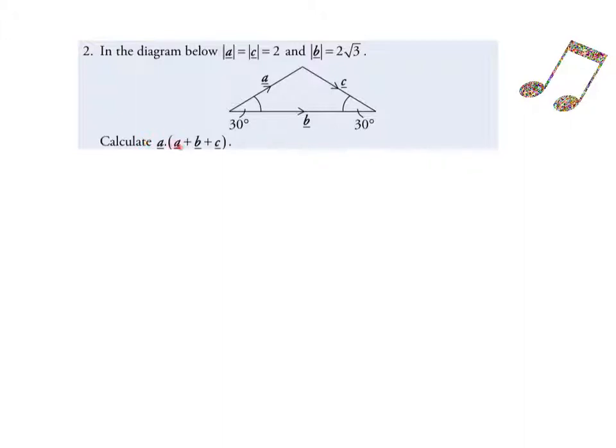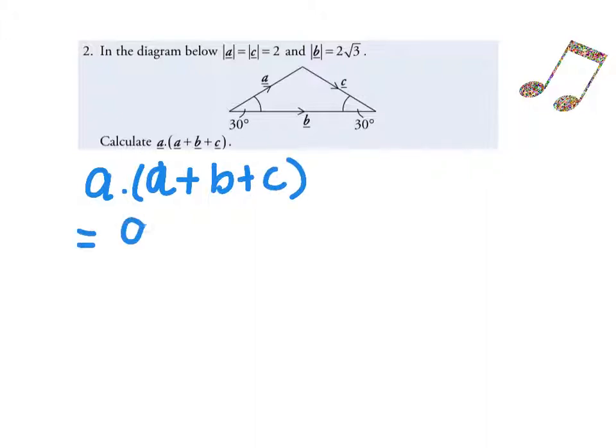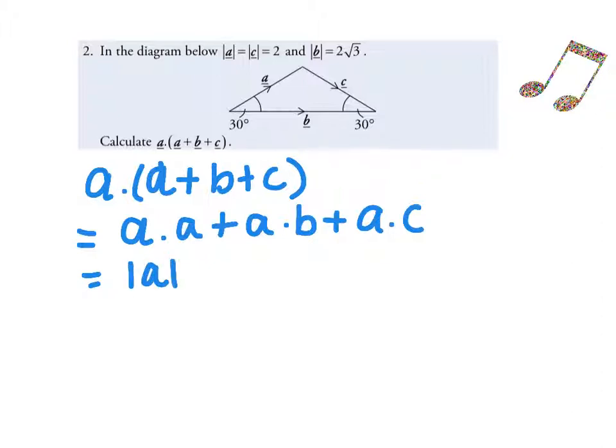And we're asked to calculate A dot (A plus B plus C). So let's just see what we need to work out. Well, remembering that when I expand this, it works in the same way as algebra, so A dot A plus A dot B plus A dot C. A dot A, remember, is the same as the magnitude of A squared.